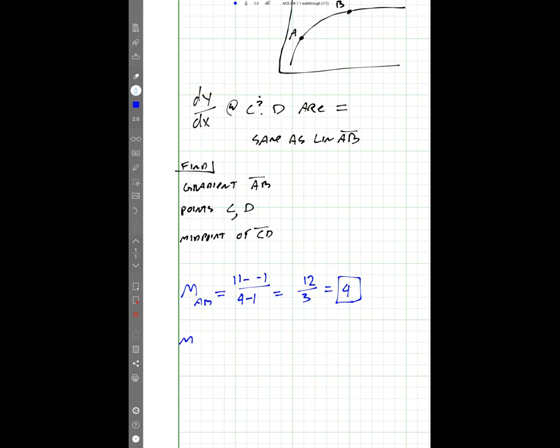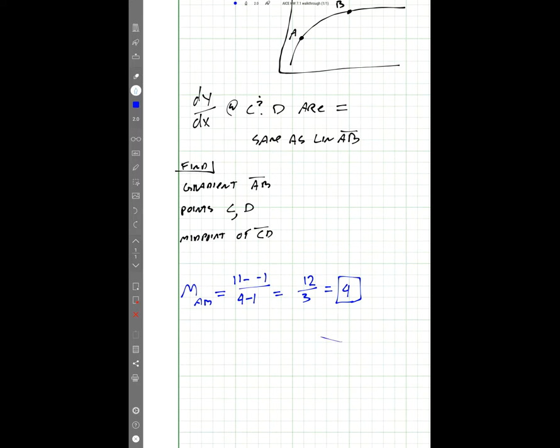So that means the gradient of the perpendicular bisector of CD, nope, I actually don't need this. Actually, we did need that part. We just don't need the perpendicular yet.